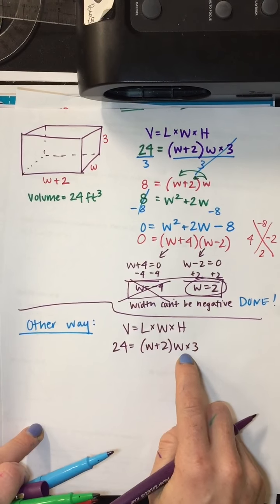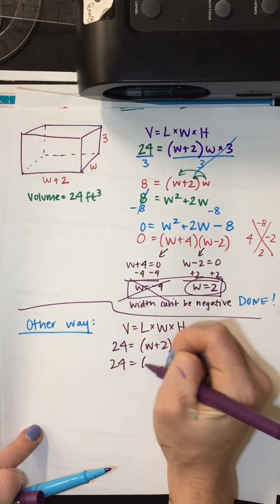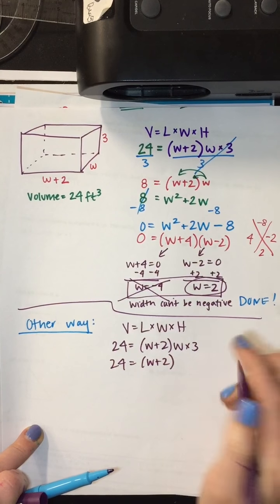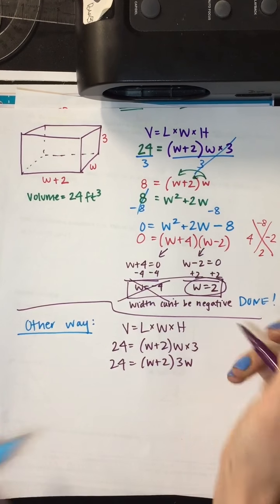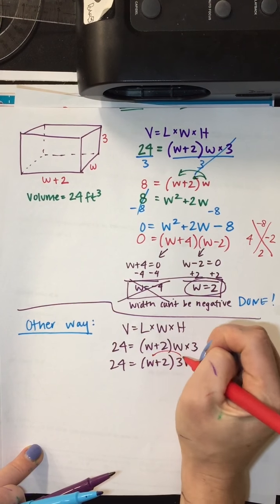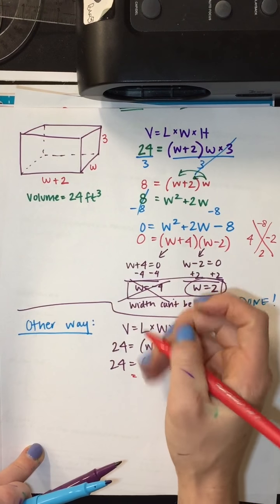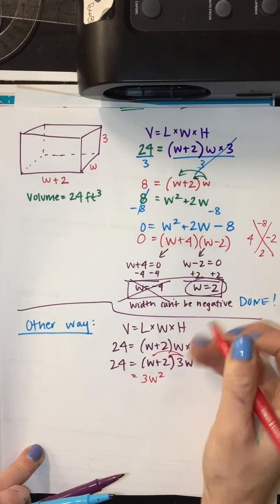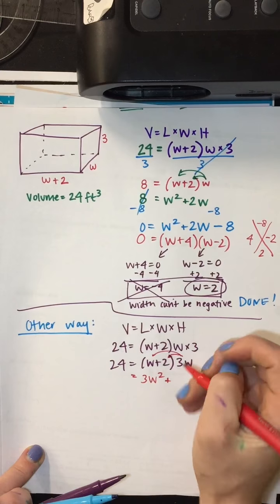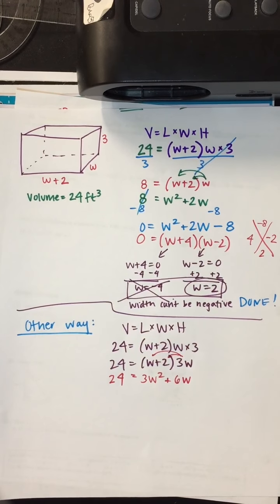And I'm going to multiply this, so I have 24 equals, this is still the same, and I'm going to write this as 3W. Okay? Now I'm going to distribute this. So I have 3W times W, that's 3W squared, plus 3W times 2, that's 6W, and it equals 24.